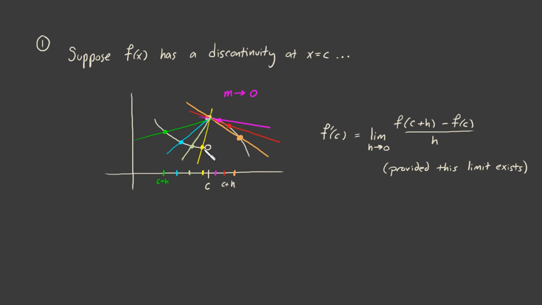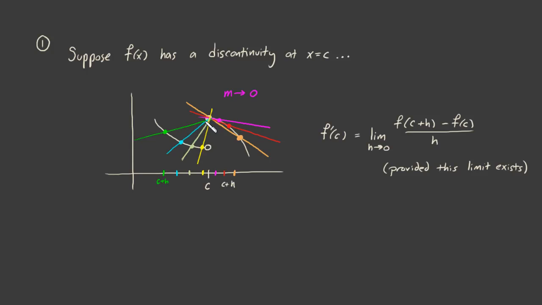As this point gets closer and closer to this guy, as c plus h gets closer and closer to c, as h approaches 0 from the left, the secant lines that I'm seeing are becoming more and more vertical, which means their slopes, right? This is some sort of shallow positive slope.